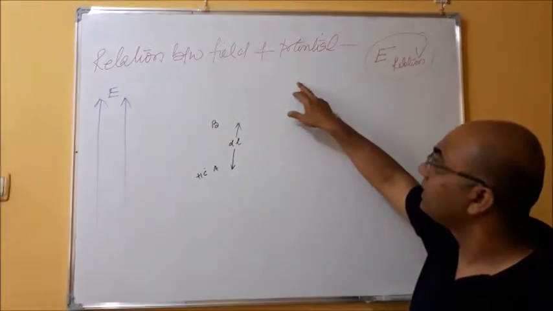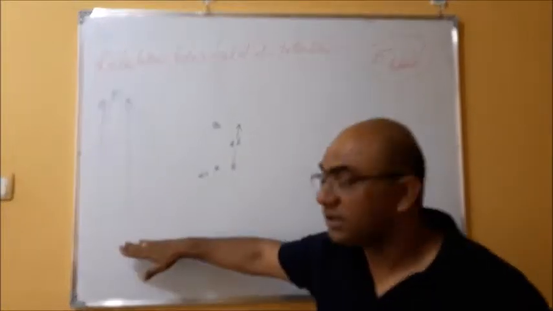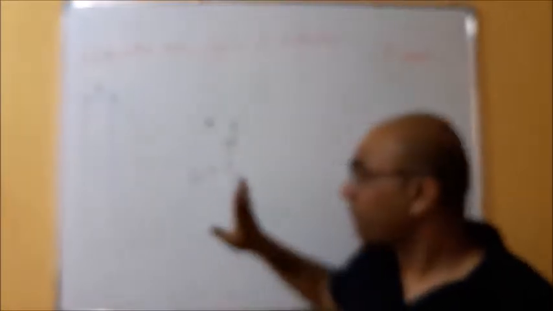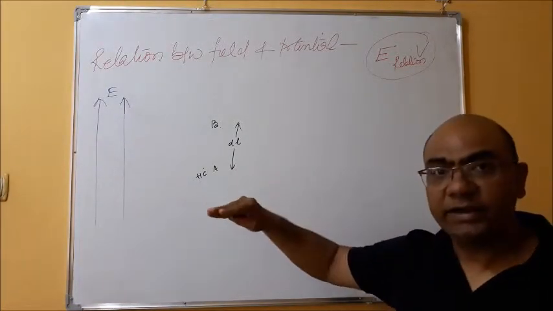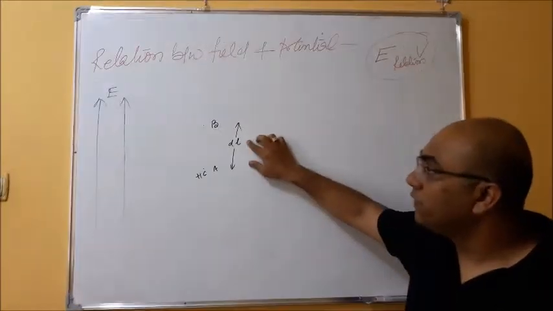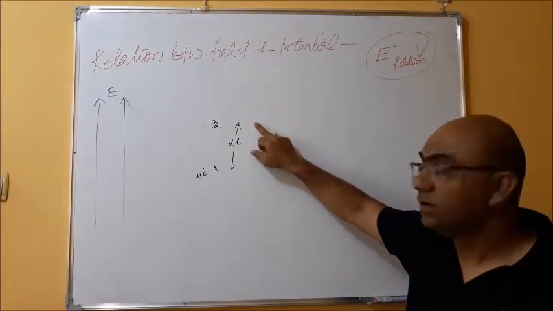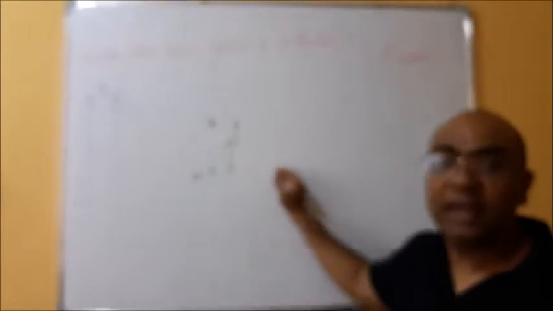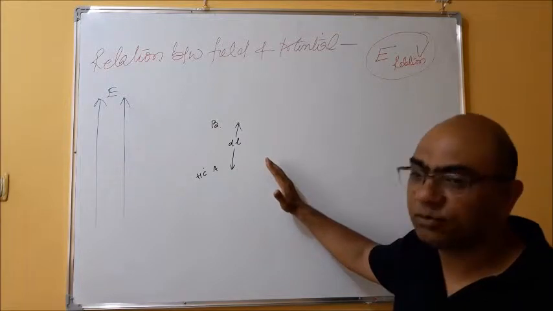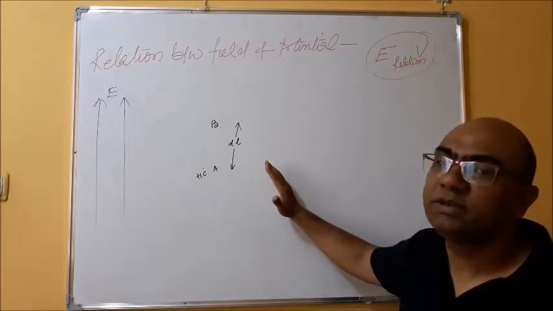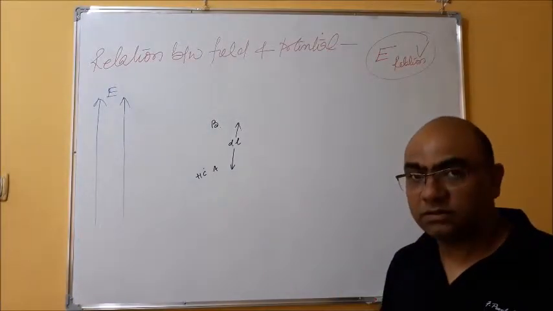So to get the relation between electric field and potential, a uniform electric field is acting, and we have a plus 1 coulomb unit charge which is initially at point A. Now it will move dl distance and will reach point B. So naturally when it moves from this point to this point in this electric field, it will gain some potential energy, right? So what will be the relation between potential and electric field? That we will try to know through this concept.